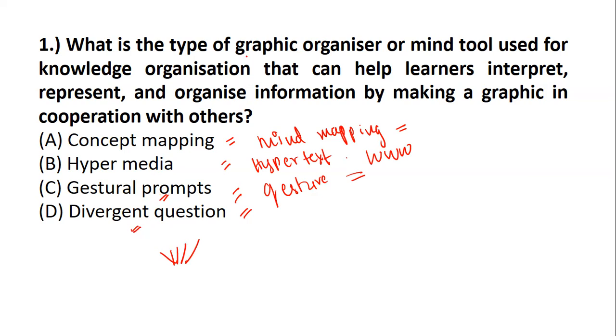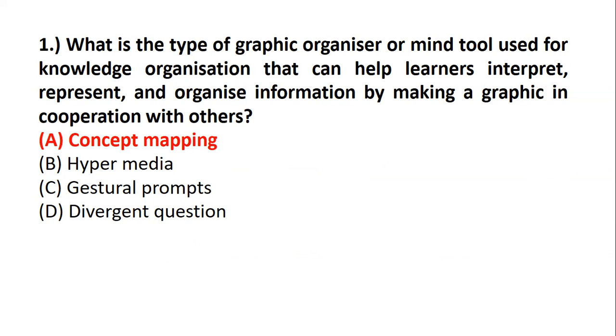Now which of these is a type of graphic organizer or mind tool, helpful for the students to interpret, organize, and represent the information? I think by now the students should be able to guess the answer correctly. This is what we talked about, concept mapping. It is also called mind mapping. In concept mapping, the students who learn with visualization make sure that they visualize the things and keep the concepts in the mind in some format.